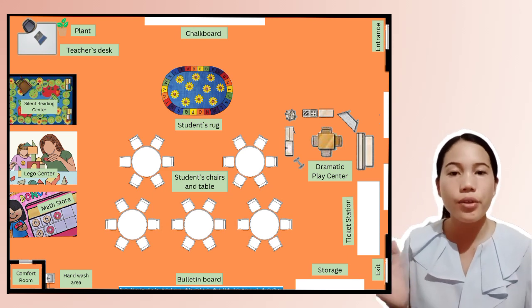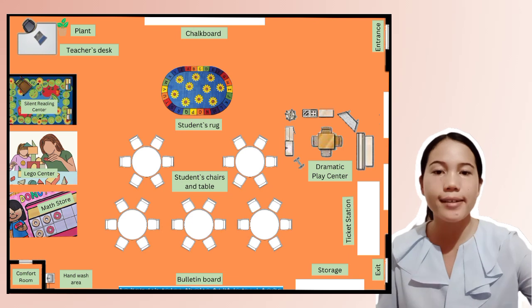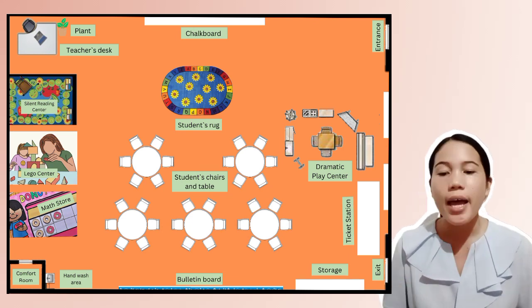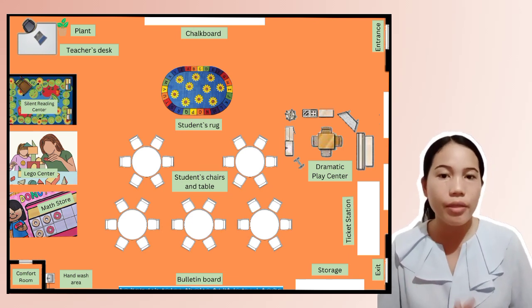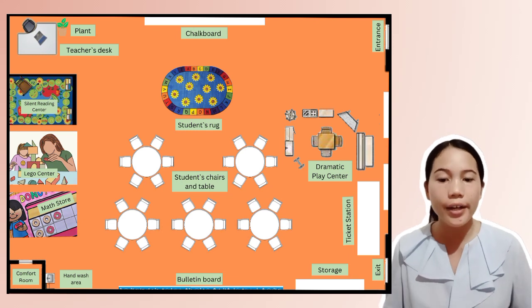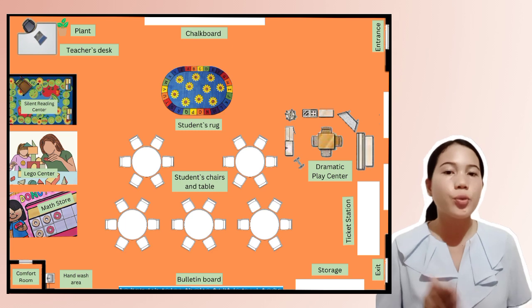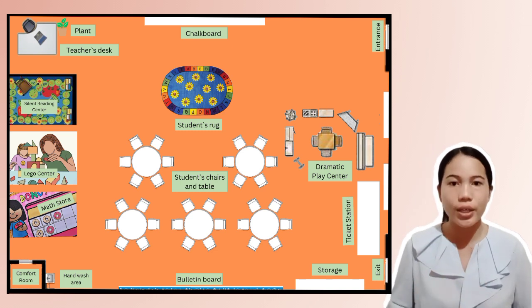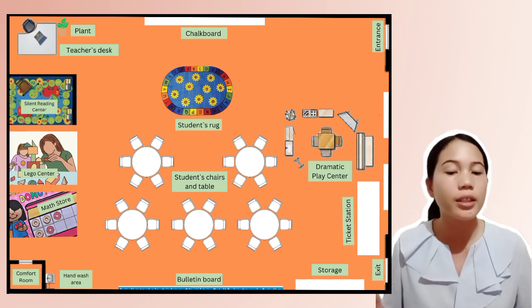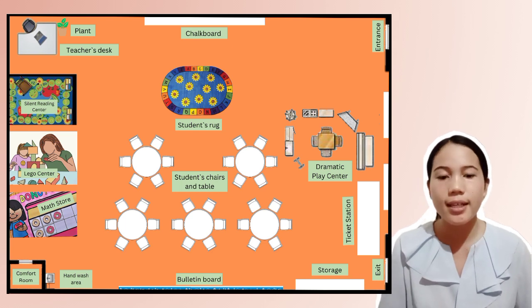And below this math store is the comfort room, and beside that comfort room is where the hand wash area is located. And let's proceed to the back portion of the classroom, where the bulletin board is located.